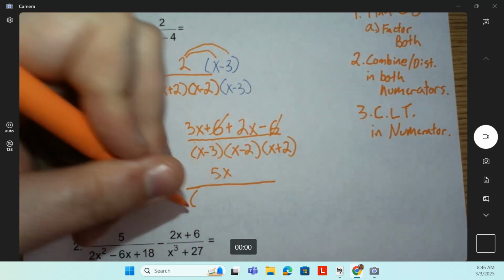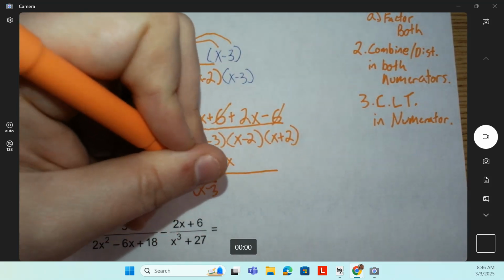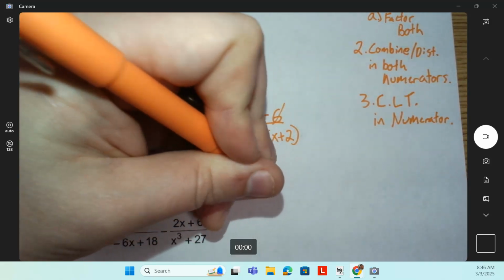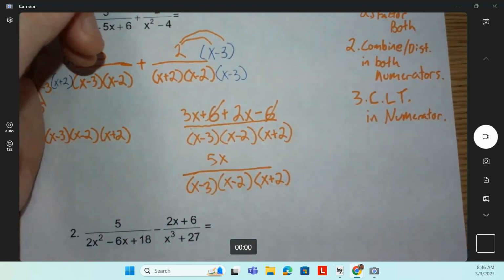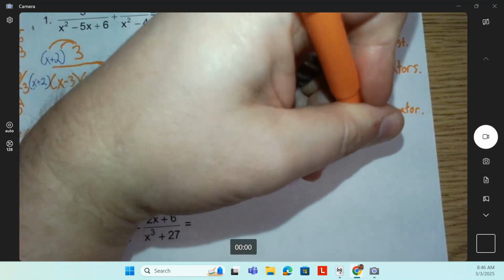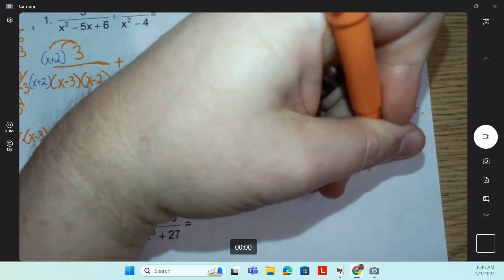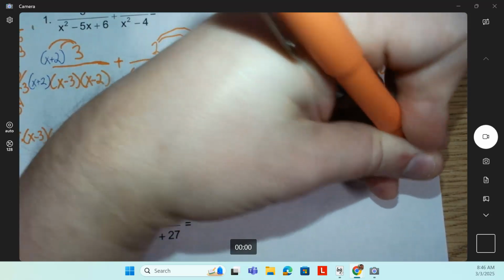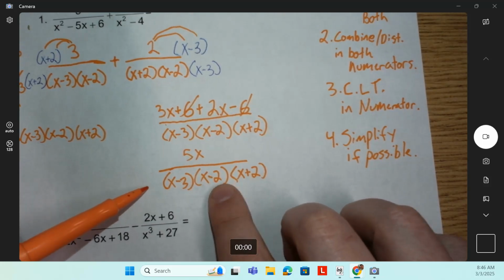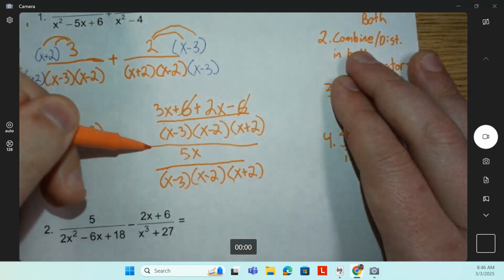Once I've done that, I put that over my factors here and simplify if possible. Looking at it, there's not a 5 or an x that's out on its own that I can cancel out. So this is going to be my answer for this.